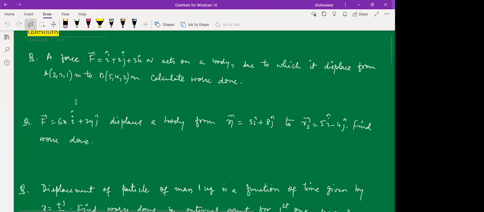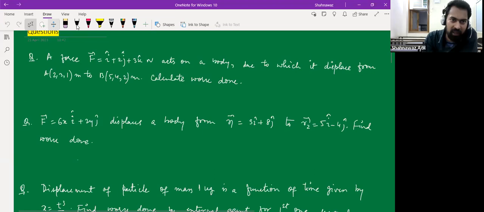Yes, sir. Okay. So let's say you have a force like this, and it acts on a body due to which it displaces from this to this. So we have to calculate the work done.